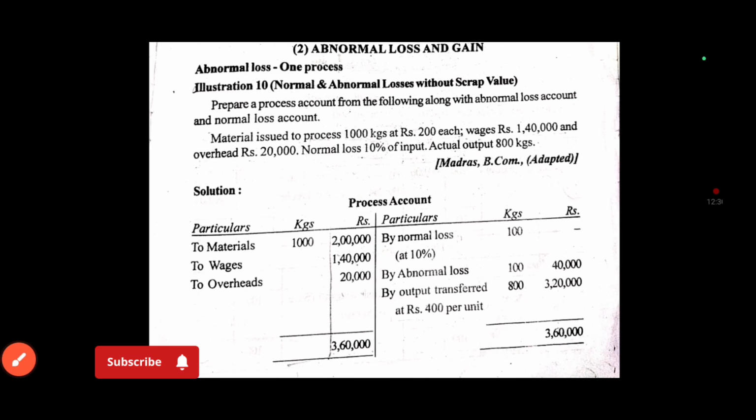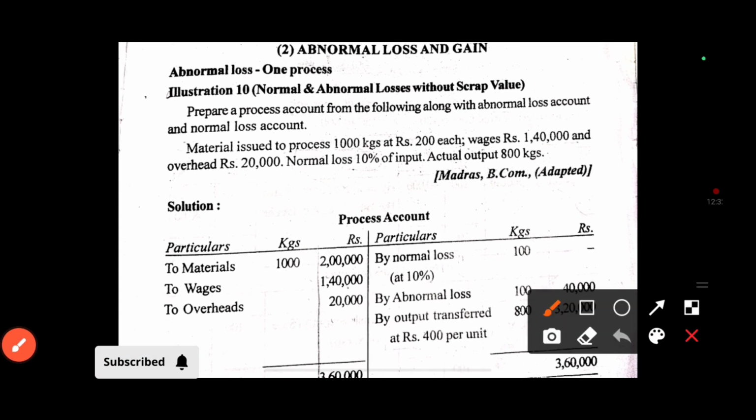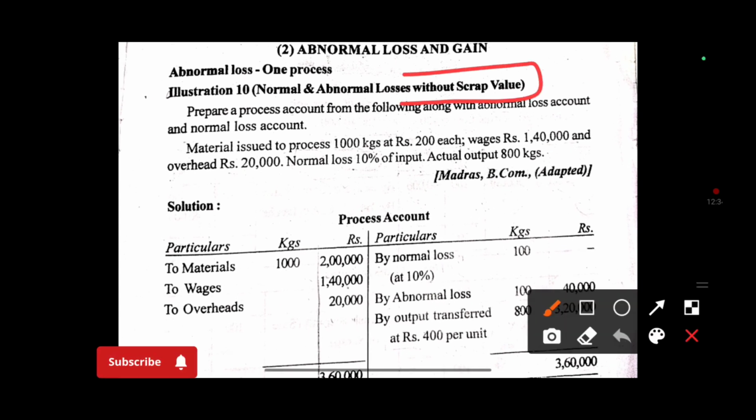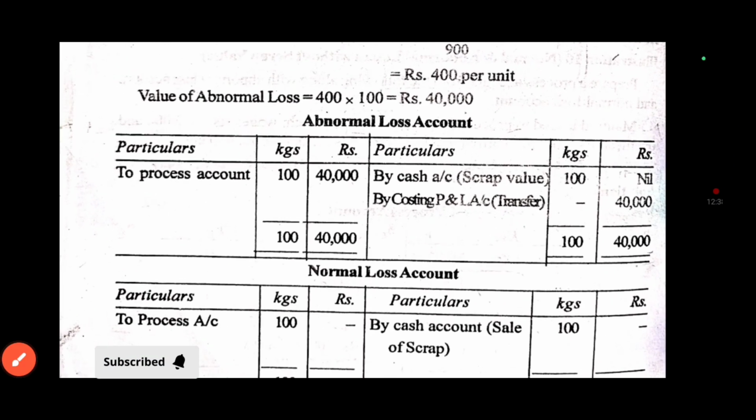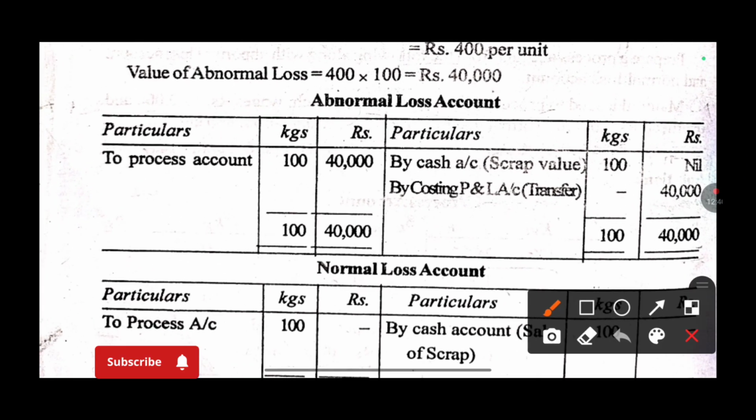But here the scrap value is not given in the question. Listen, we are calculating without the scrap value. We don't know how much the scrap value is, so in the value column, the amount column, we are going to write nil balance.